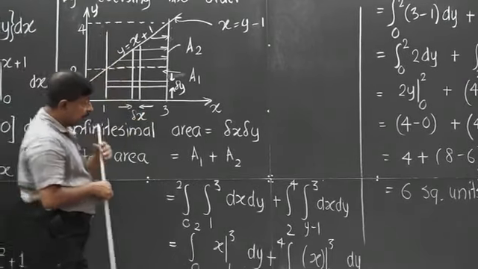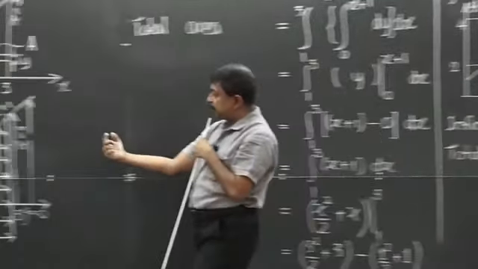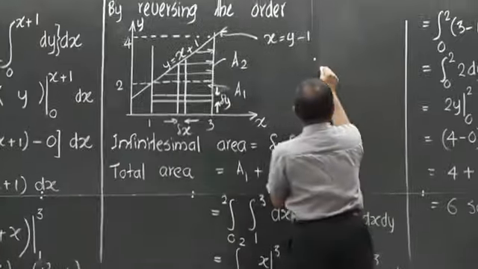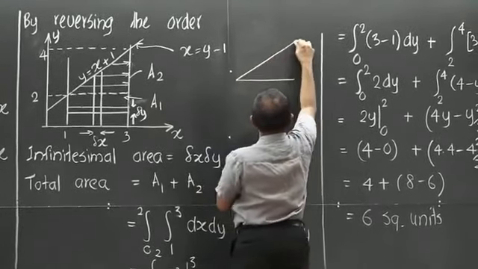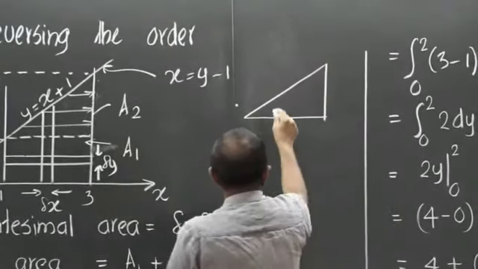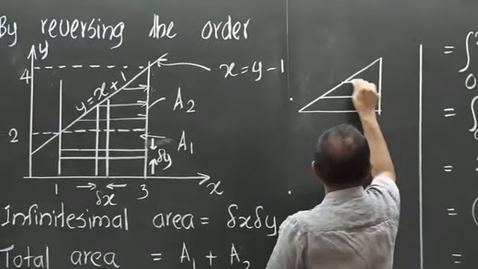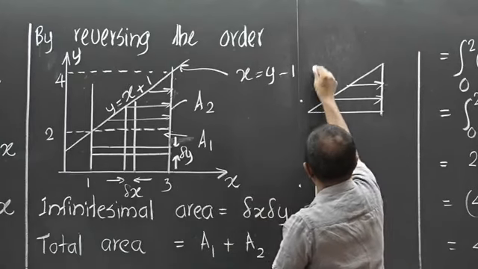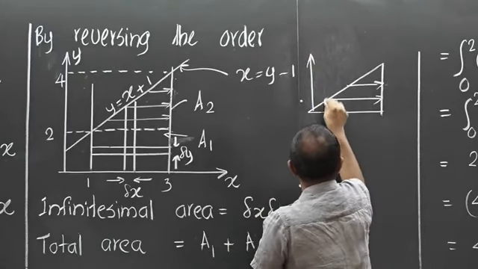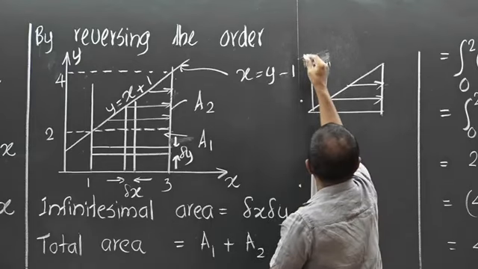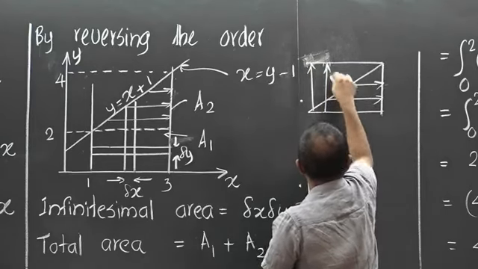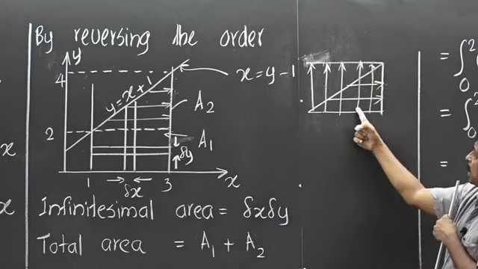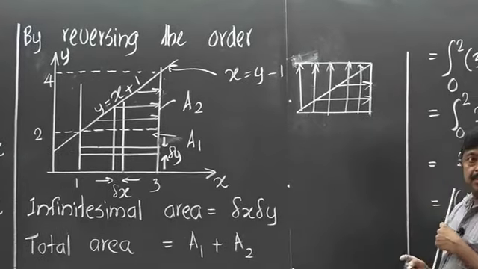Let me again draw how it works. In the triangle, x goes from here to here. y goes from 2 to 4, so here to here. You can see that both arrows intersect only in the triangle.